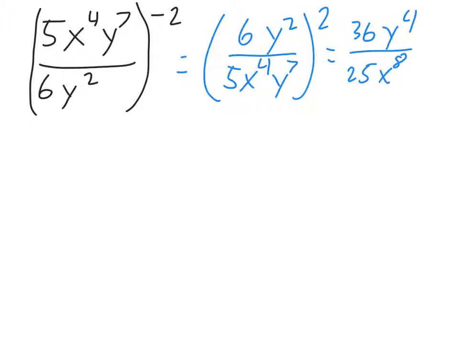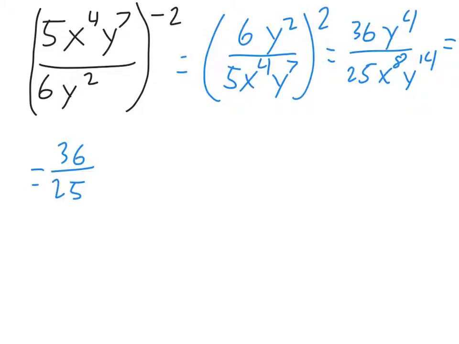And y to the seventh squared, 7 times 2 is 14. Now 36 over 25, that can't be reduced at all, so it's going to stay that way. 36 over 25.